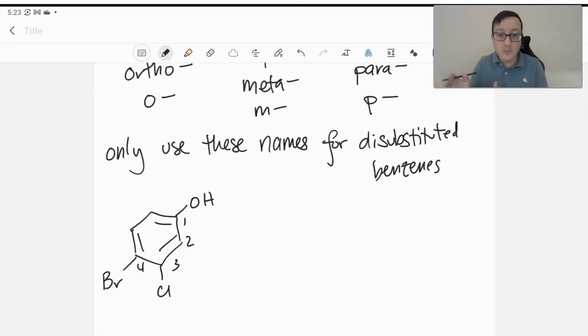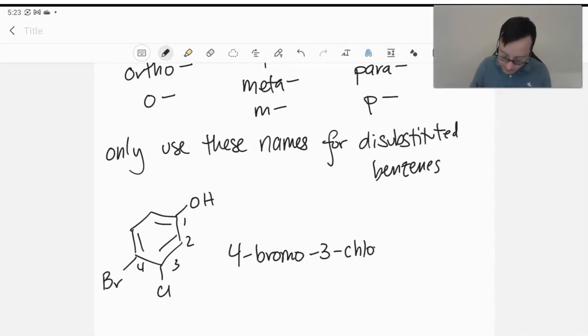We don't need to put the 1 because we know the 1 will be part of the parent name. But we still have to rearrange these alphabetically. So bromo comes first. We have 3-chloro, and then phenol. We have to use locator numbers because we have 3 substituents on. And we're going to see that the same sort of nomenclature rules from naming compounds last semester will still apply here.